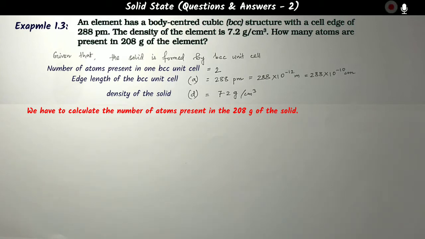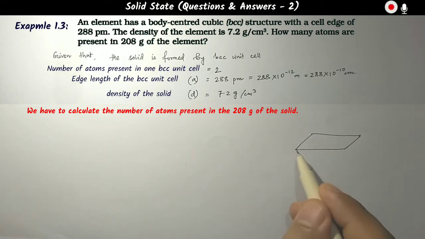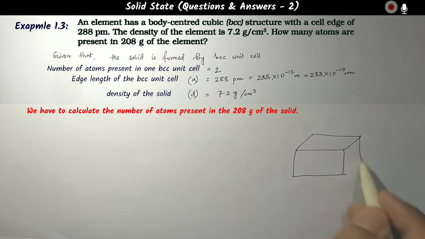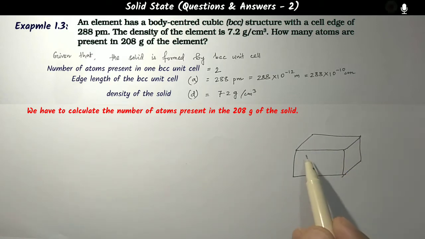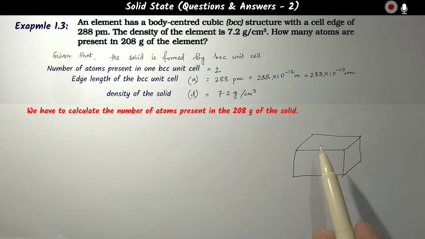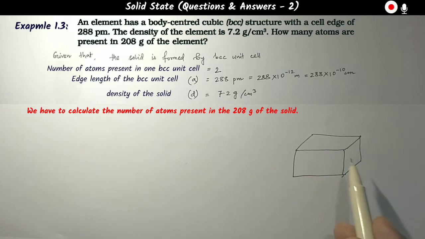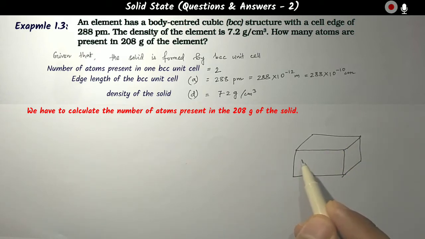So let us understand the problem. Suppose this is a piece of the solid. It is already given that the entire solid is formed by only BCC unit cells. That means there will be many BCC unit cells present inside this solid.